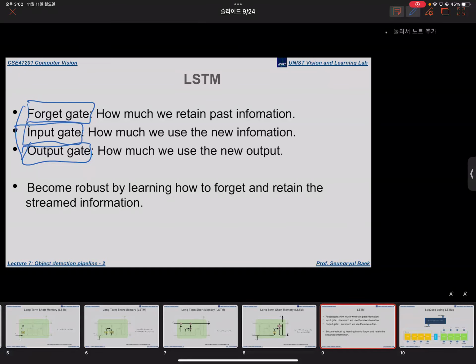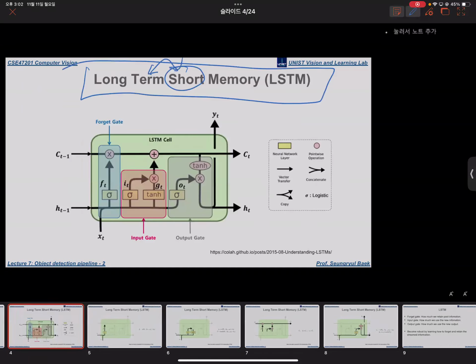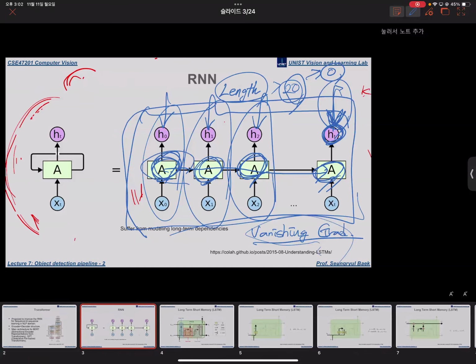So you will learn this kind of sub-modules that control the information in the current input and also the previous layers. In RNN, we regard all the information from the previous layer and the information contained in the current input uniformly somehow.